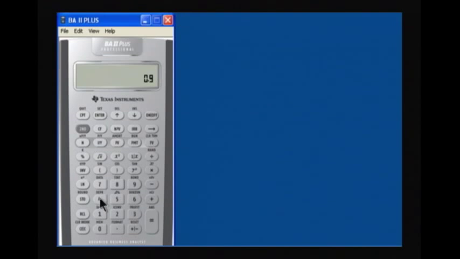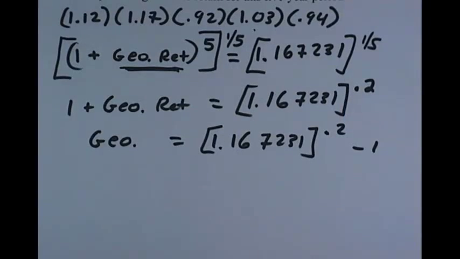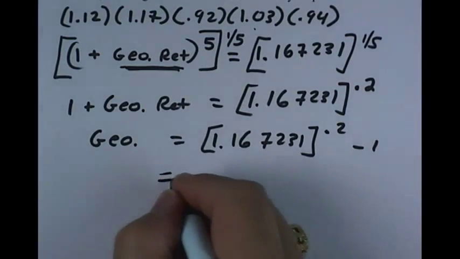So I've taken 1 plus each of those annual returns and gotten the product of 1.167231. I'm going to take the 5th root of that, or raise that to the 0.2 power. So I'll use my y to the x key with 0.2 as my exponent. That gives me 1.0314. I take the 1 off, and that gives me 3.141% for my geometric return.